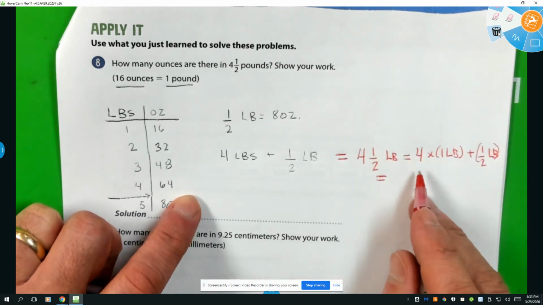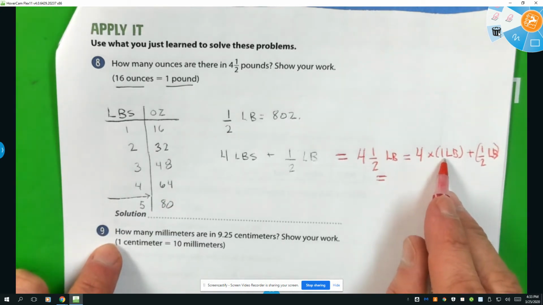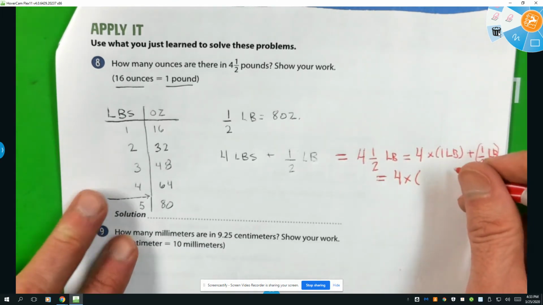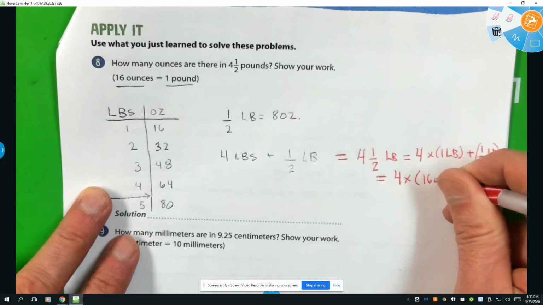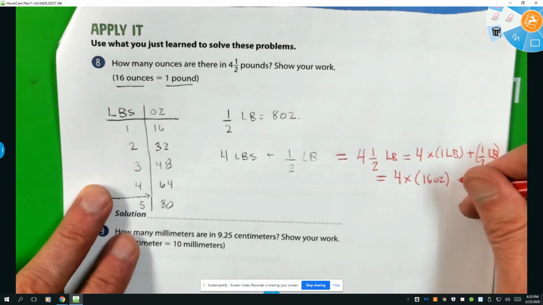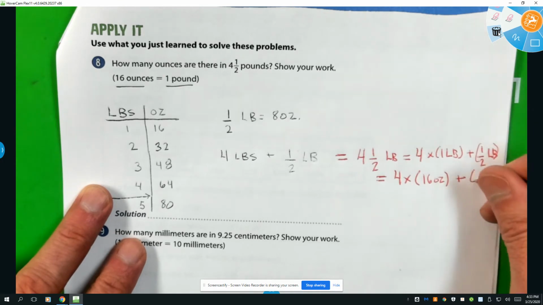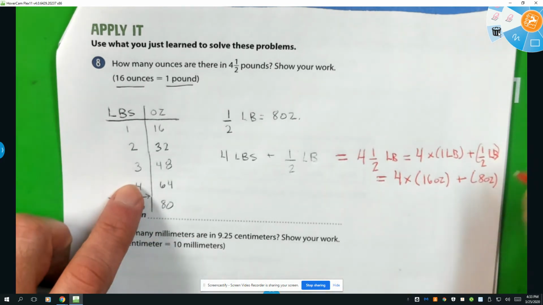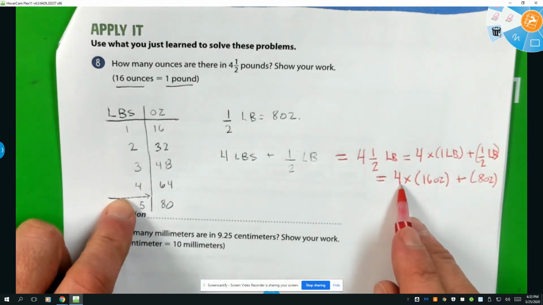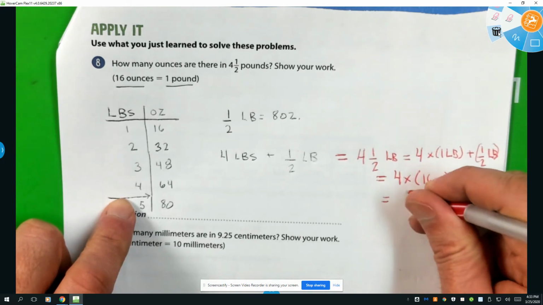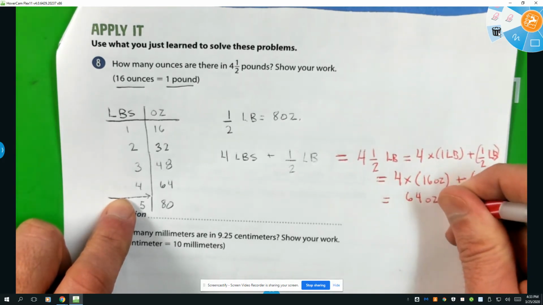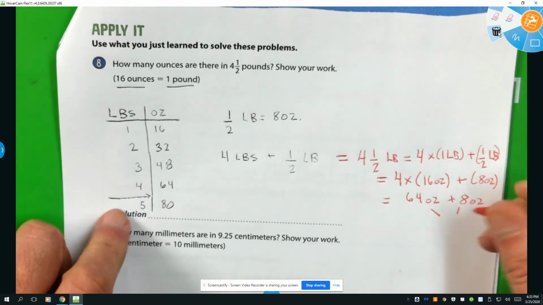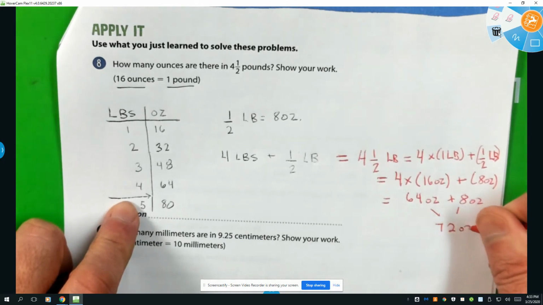What's that going to equal? 4 times 1 pound is going to be the same as 4 times, in parentheses, 16 ounces plus, in parentheses, 8 ounces. I know 4 times 16 is 64 ounces plus 8 more ounces. It's going to be 72 ounces.